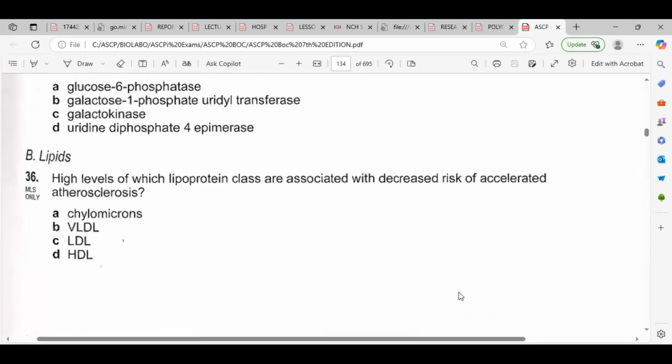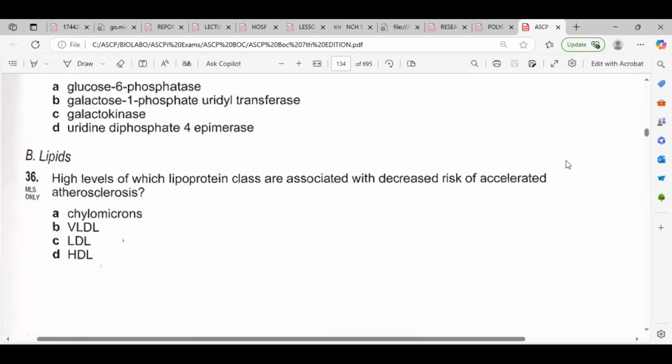Okay, the first question in lipids is this one. High levels of which lipoprotein class are associated with decreased risk of accelerated atherosclerosis? I think this question is very simple.